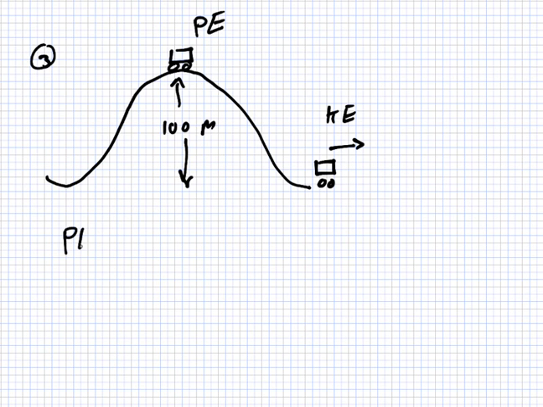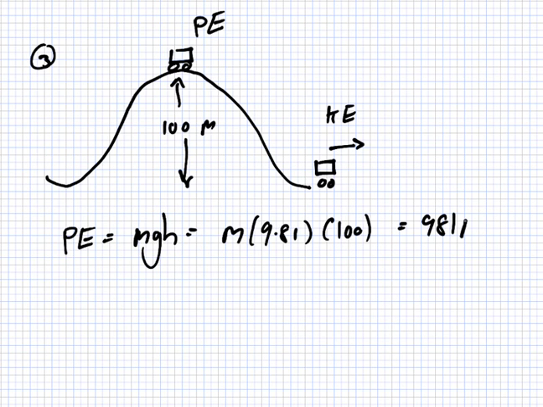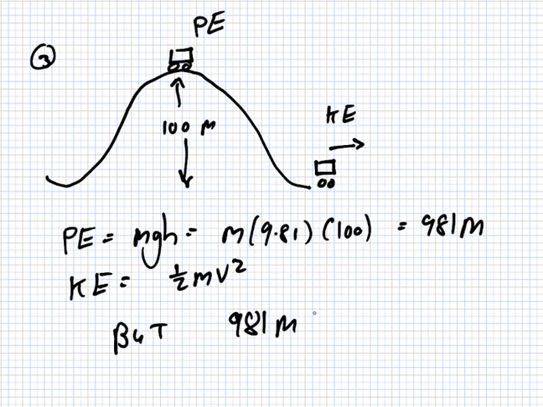The potential energy is mgh, which is m times 9.81 times 100, so that's 981m. And the kinetic energy, we don't know the m and we don't know the v. But we do know that 981m should be the same as a half mv squared.